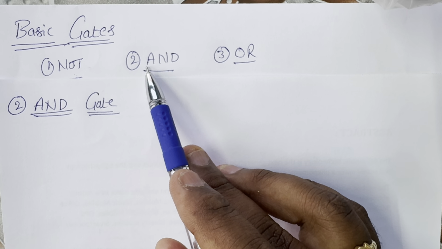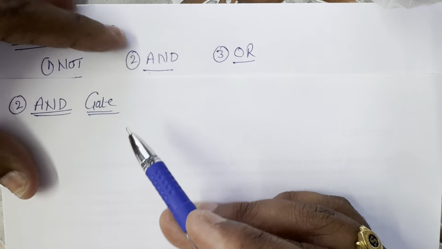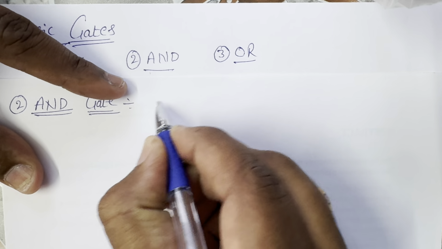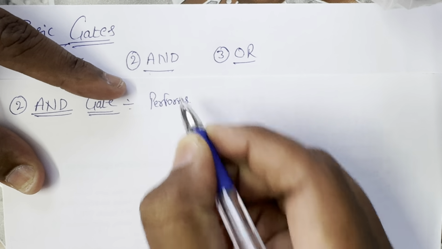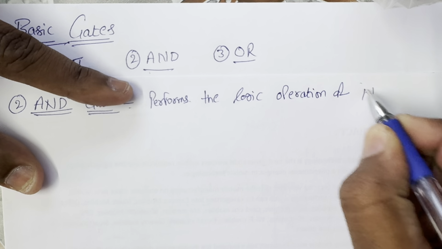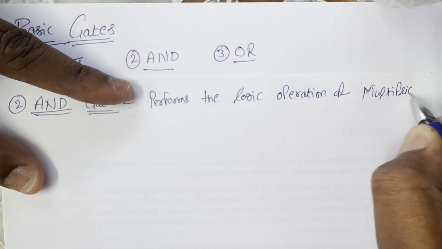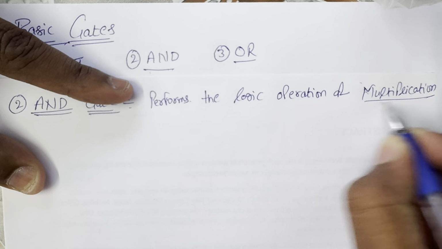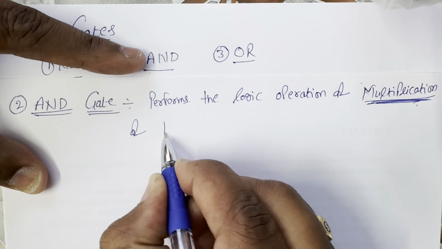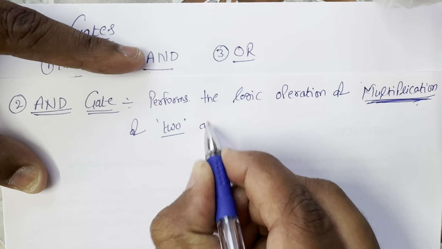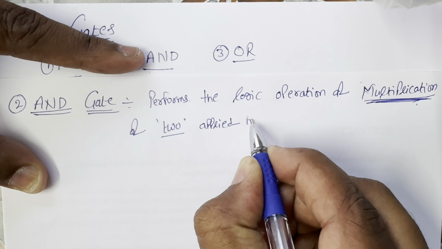Simply, this AND gate performs the logic operation of multiplication of two applied inputs.